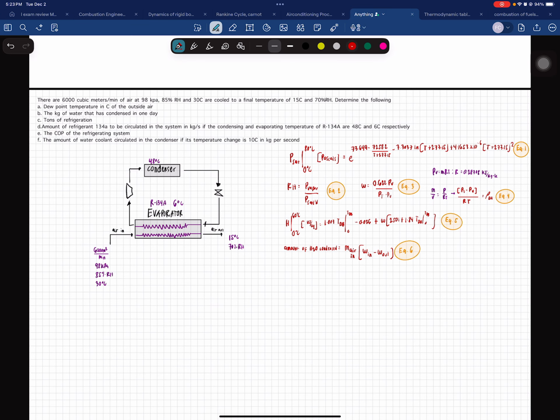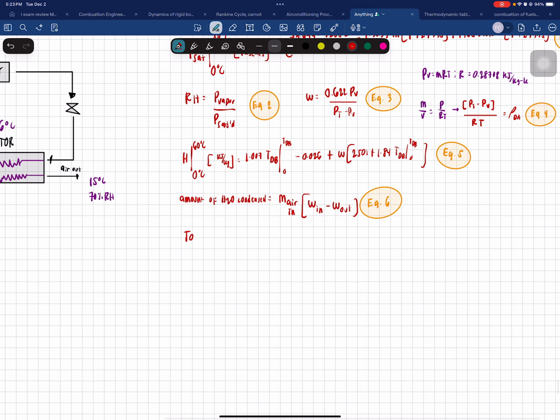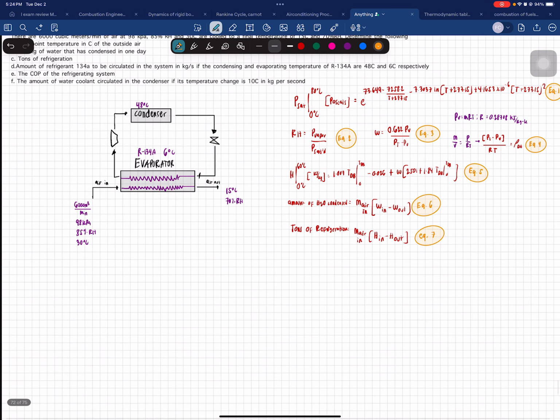So your tons of refrigeration is simply your mass of air going in times the enthalpy of air going in minus the enthalpy of air going out. Okay, so let this be our equation 7. So what else?